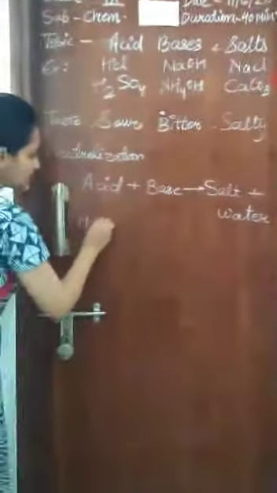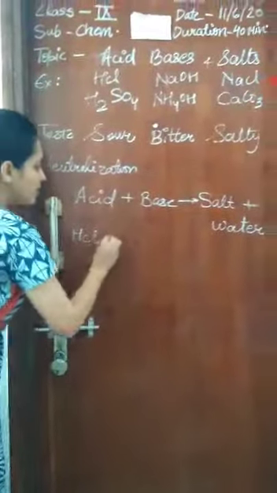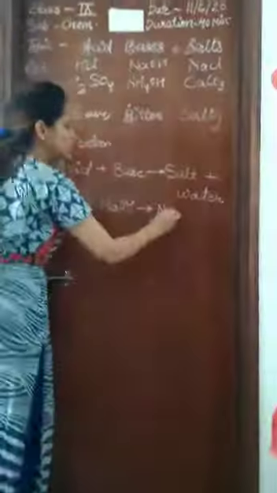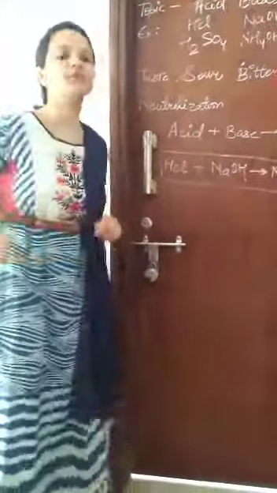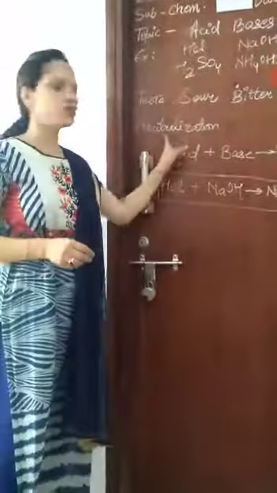No, children. The example of this is an acid, HCl, which when it reacts with a base, NaOH, will give you a salt, NaCl, and water, H2O. So this is the famous neutralization reaction of chemistry. I hope you understood neutralization very clearly.